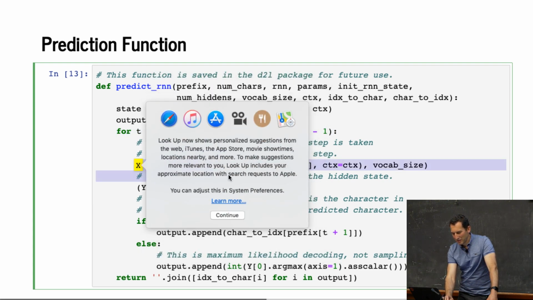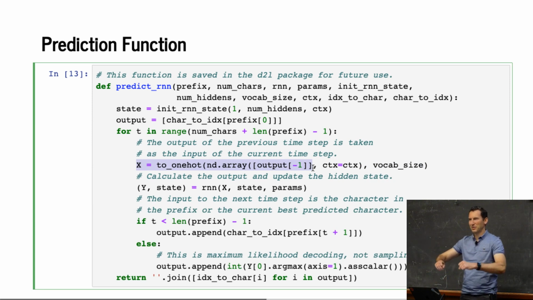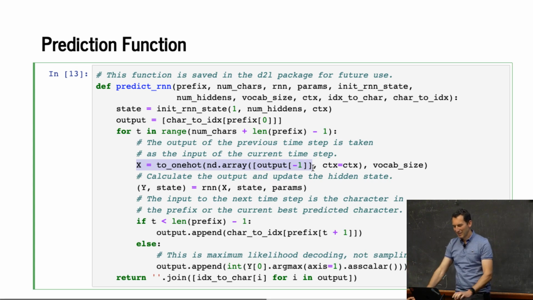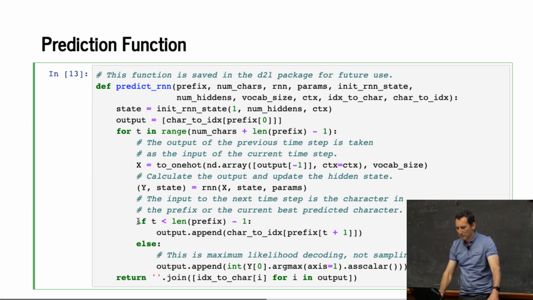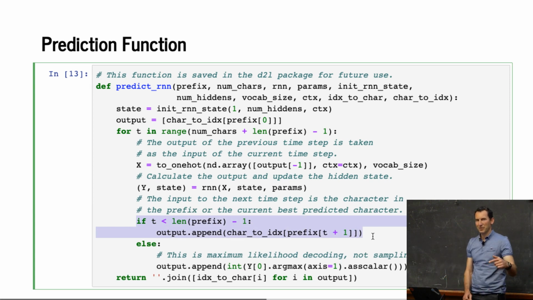I go and encode to one-hot encoding the end of the output, because that's the next symbol to use to predict the next one. Device context, vocabulary size. I take 1 step forward in the RNN. Then I need to decide if I've already seen the characters. If so, I just copy them from the input to the output.